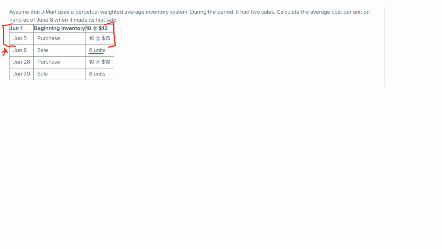So what you need to do to find the weighted average cost per unit is find the total cost of the inventory available for sale and divide it by the total number of units. Currently on hand, there would be 10 at $12 for a total of $120 and 10 at $15 for a total of $150.